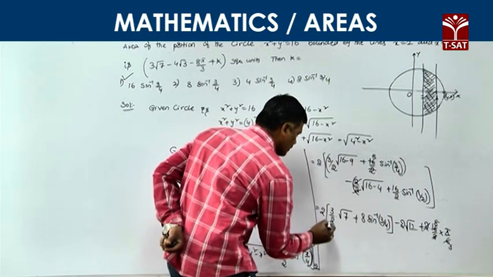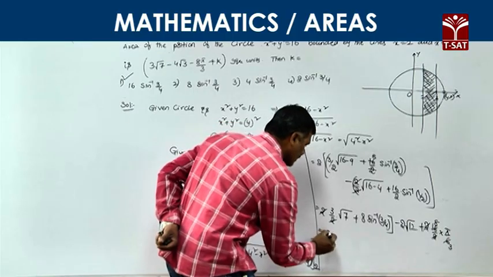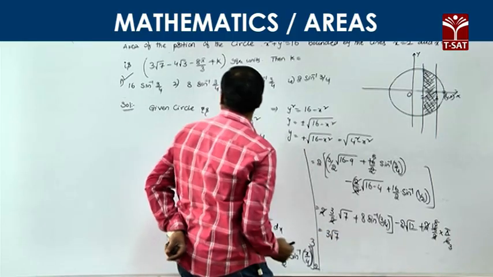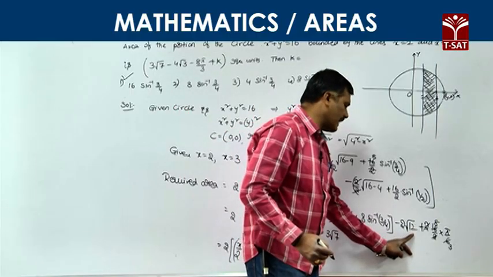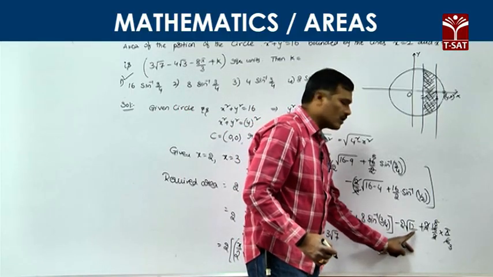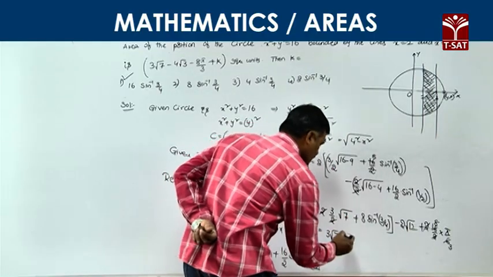That is equal to: 2 will go, 3 root 7. Next, root 12 can be written as 4 into 3, 4 coming outside the root as 2, so minus 4 root 3.